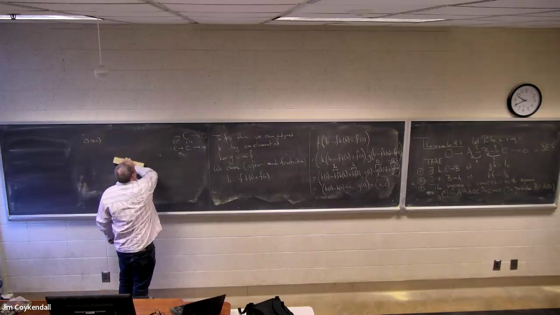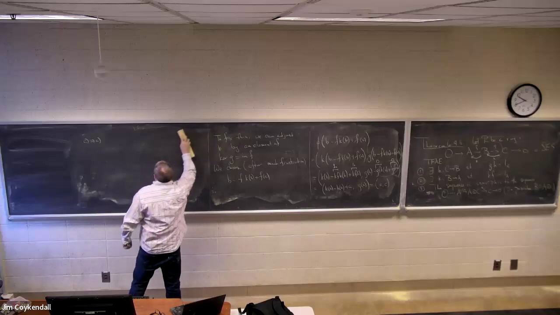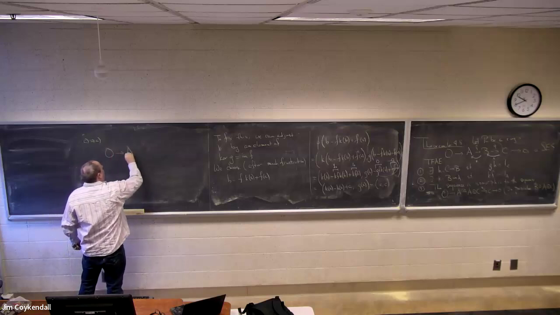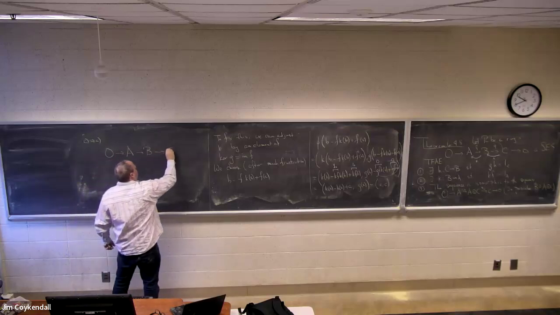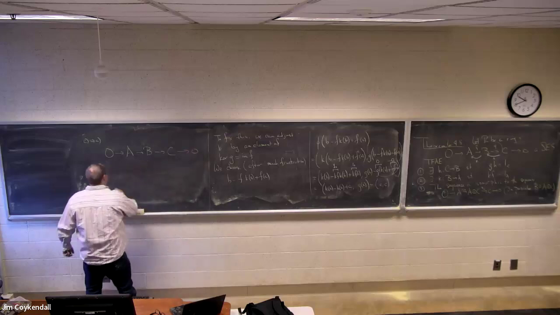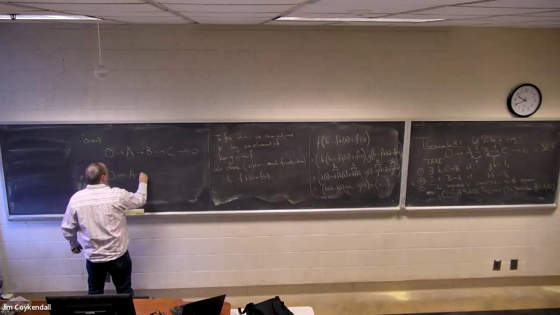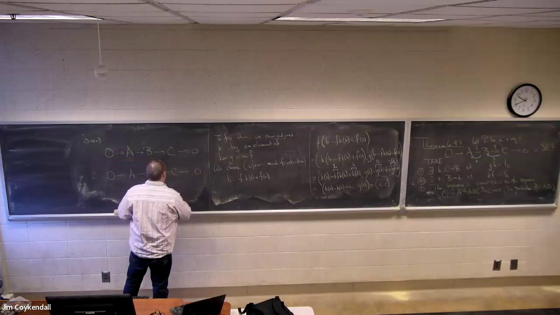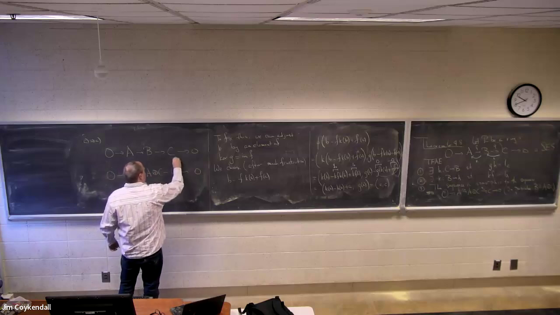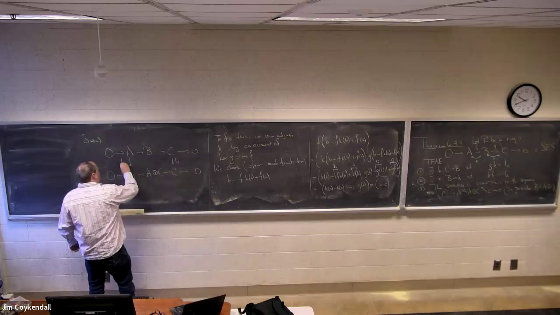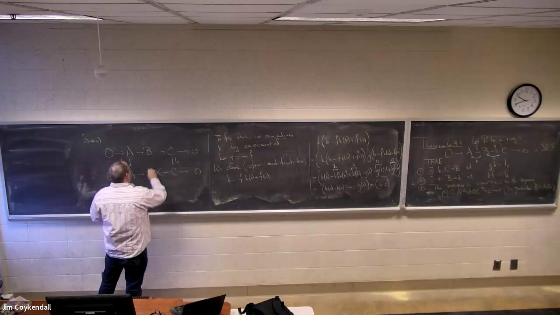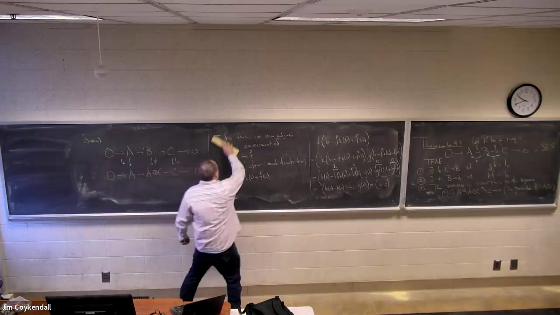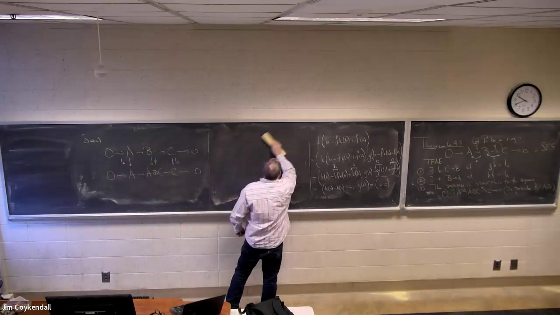Okay, so here's the situation. We have this diagram here. What we have: C, A, this is D. Sketches are difficult to see.